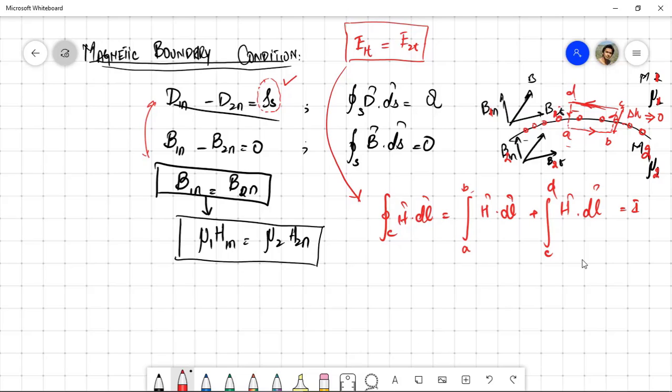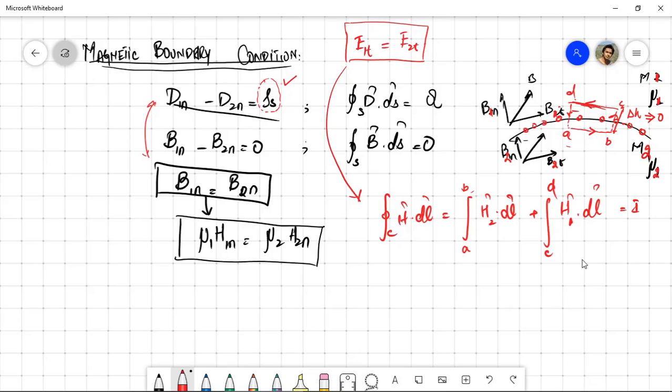So this is medium 1. He's saying that for a to b, this is h2 dot dl, and for c to d, this is h1 dot dl. h1 is in media 1, h2 is in media 2, and I is the net current passing through dl. h2t is parallel to ab, and h1t is anti-parallel to cd.